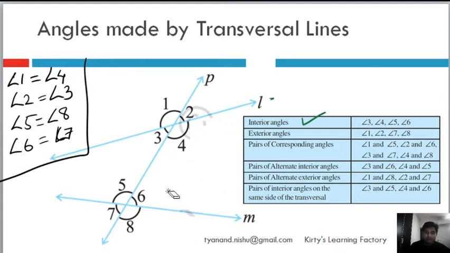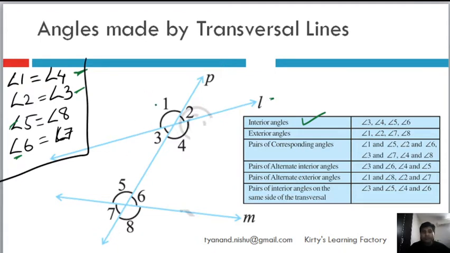The table is here, you can remember it, but they are all interior angles because they are on the inside of these two lines. And therefore what will be exterior angles? Which are the angles which are outside the region between L and M? They will be angle 1, angle 2, angle 7 and angle 8.